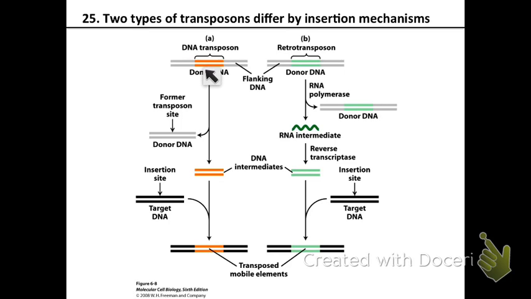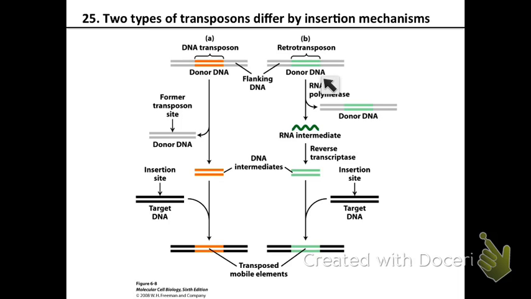What happens is that this DNA transposon gets excised out from the donor DNA. So this is the former transposon site. The donor DNA no longer has that transposon. Then it inserts itself into a target site. So it jumps from here to here, right? It basically cuts and pastes itself, jumping from one site to another.